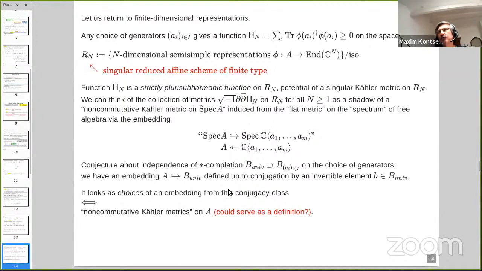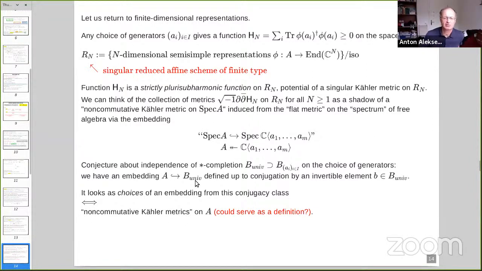When you choose a different choice of generators, you embed your algebra in different ways, but these ways differ by conjugation by an invertible element. So the picture is the following: you get some universal star algebra and many embeddings of A that differ by invertible elements of B, and it looks from this formula that this non-commutative metric is the choice of one of these representatives of the embedding.